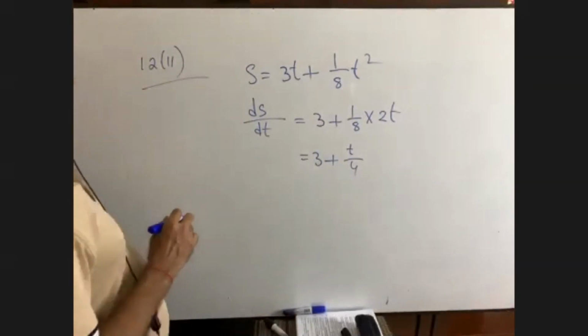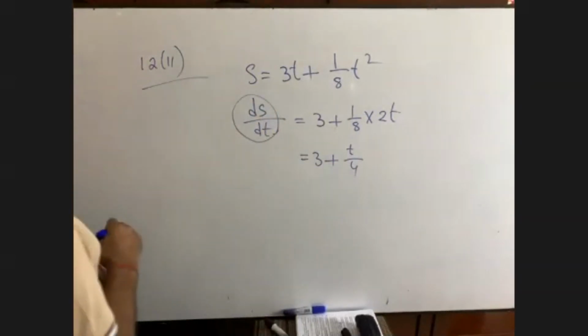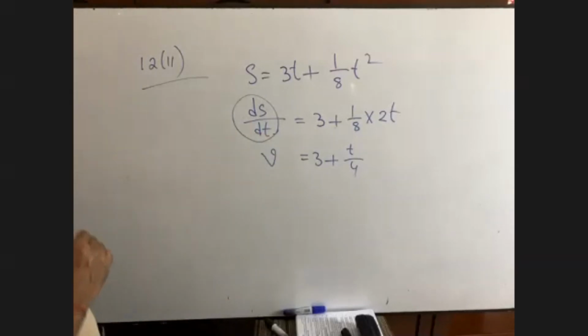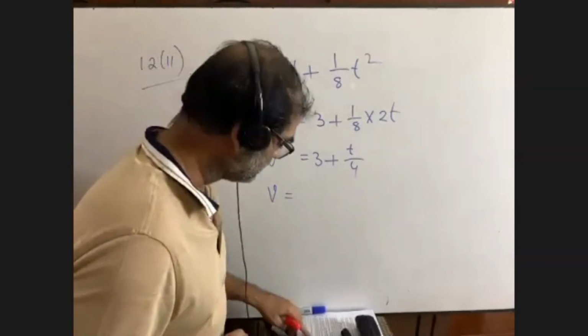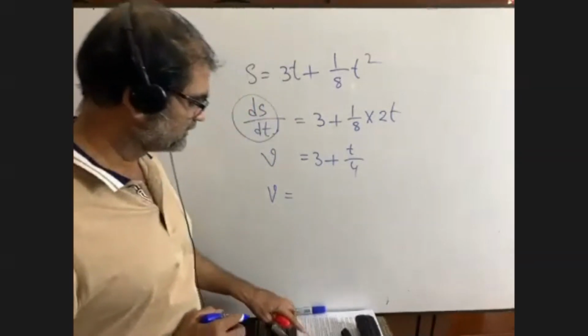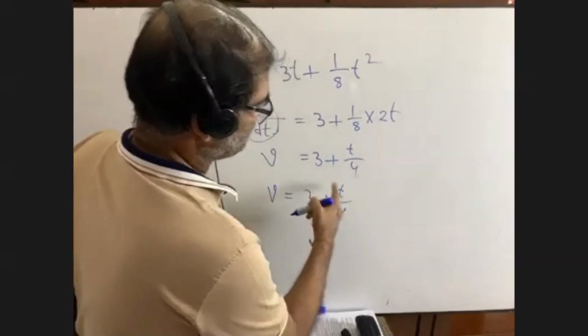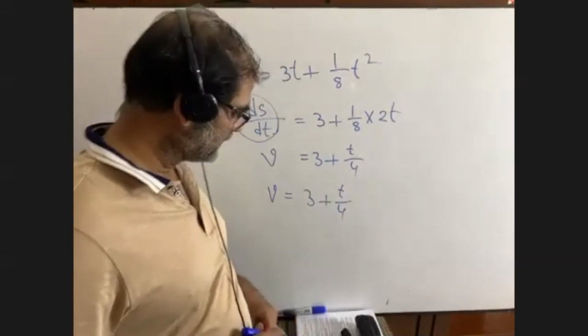Can you please let me know what this is meant by in the physics you read? Velocity. You are absolutely right. Now velocity at t seconds equals 3 plus t by 4, as t is given in seconds. What will be the velocity after 5 minutes?